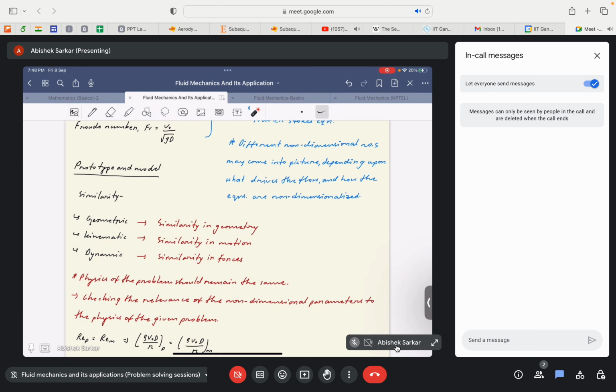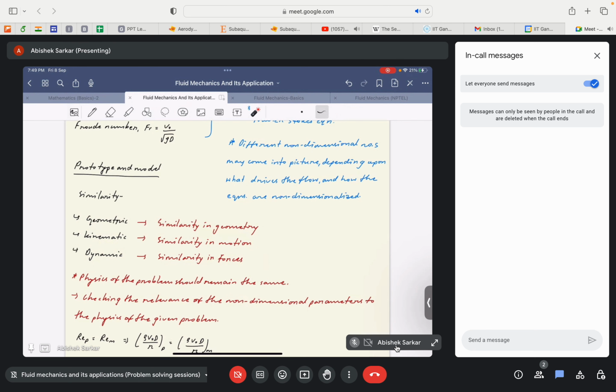And more importantly, these three are not independent. Okay, these three are actually dependent, or I must say, successively dependent on each other. What I mean to say is that a model and a prototype can independently achieve geometric similarity.